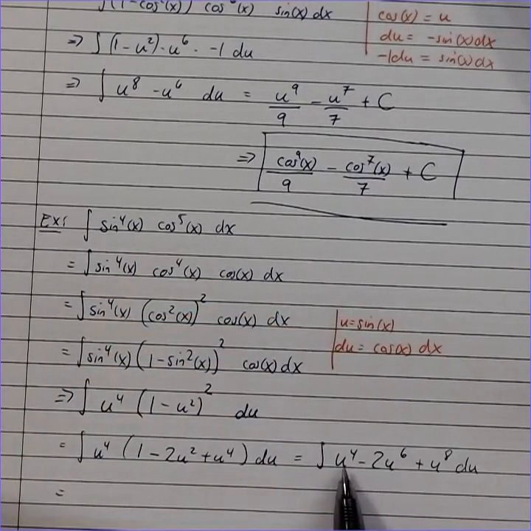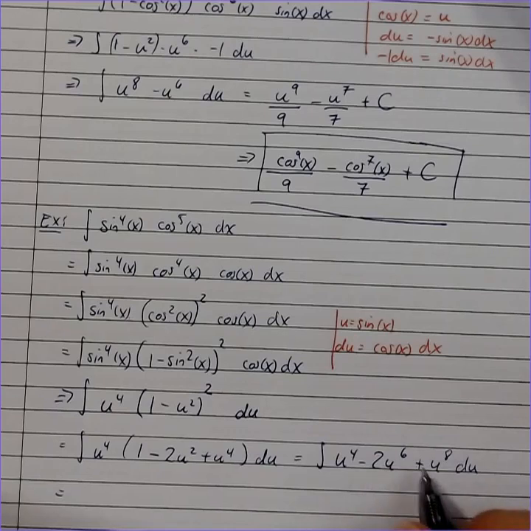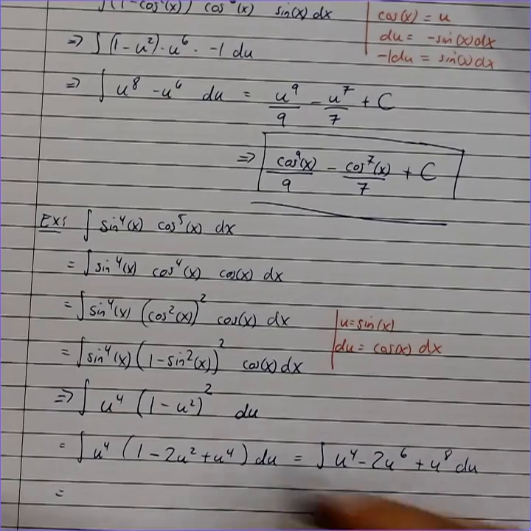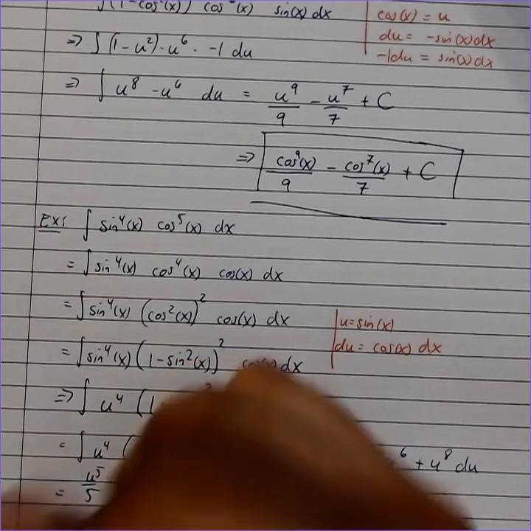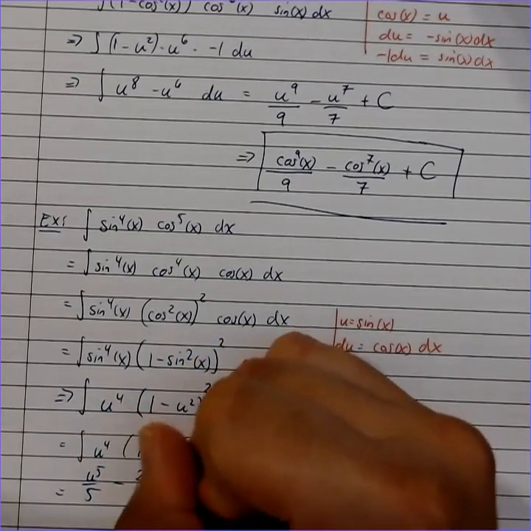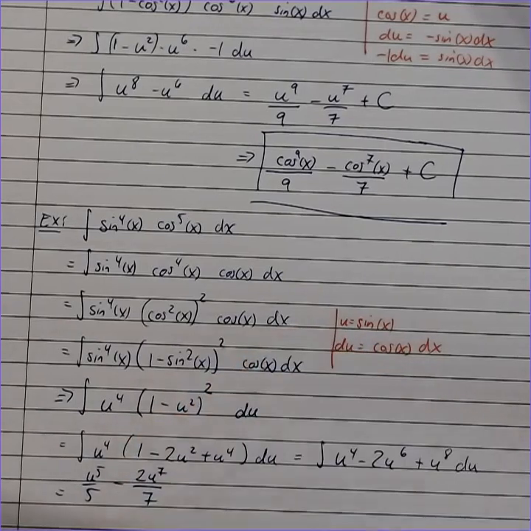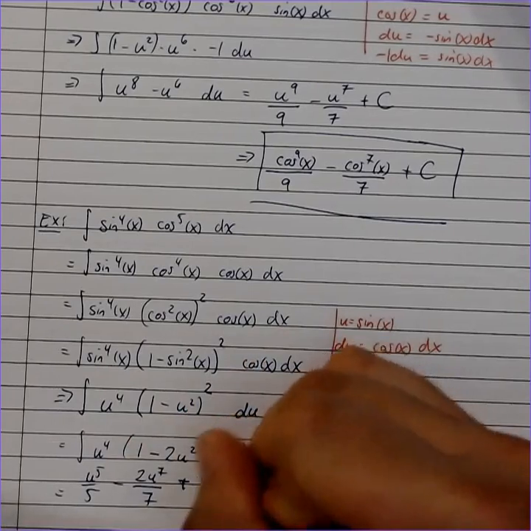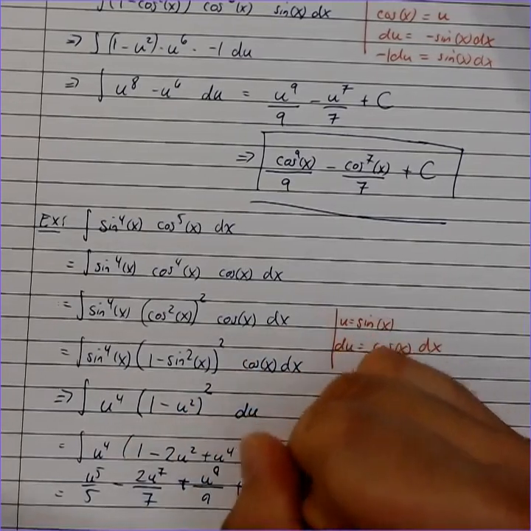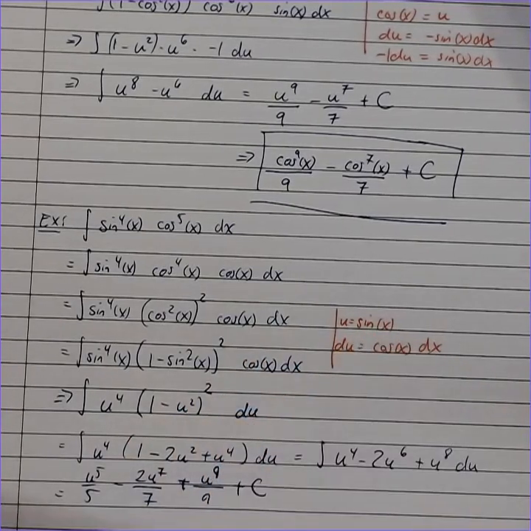Here, the integral of u to the fourth minus 2u to the sixth plus u to the eighth with respect to u, we're going to end up with u to the fifth over 5 minus 2u to the seventh over 7 plus u to the ninth over 9 plus a constant of integration. And of course, u is a stand-in for the sine of x.